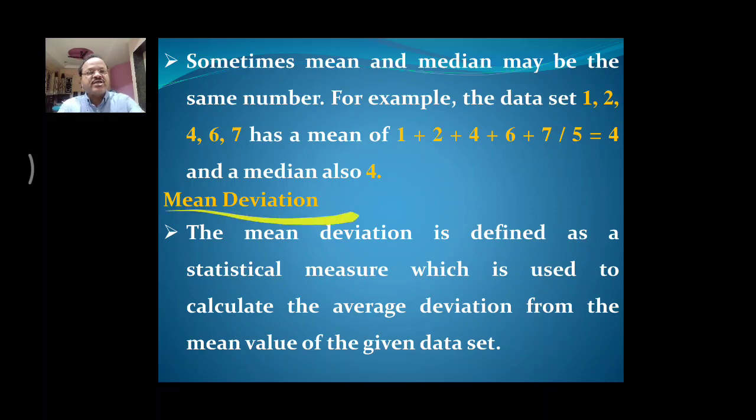Now the next term is mean deviation. What is meant by mean deviation? The mean deviation is defined as a statistical measure which is used to calculate the average deviation from the mean value of the given data set.